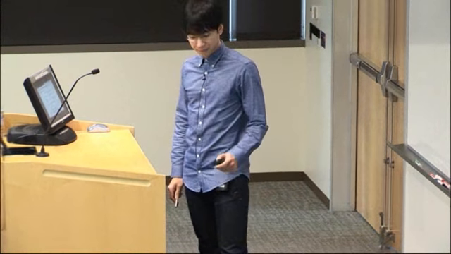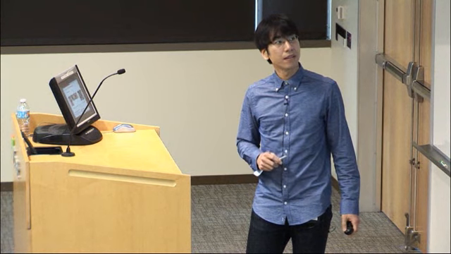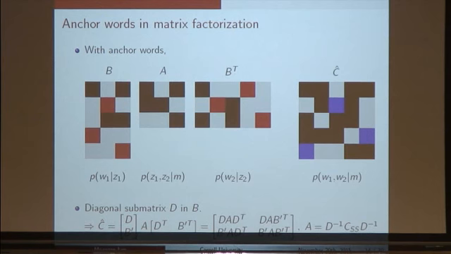I want to know if I missed something. Mm-hmm. So can't there be 2 anchor words in the same column? 2 anchor words in the same column in here? Yeah. No, there's no way to get those 2 anchor words in the same column, because the anchor word assumption means in certain rows there is only one activated cell.